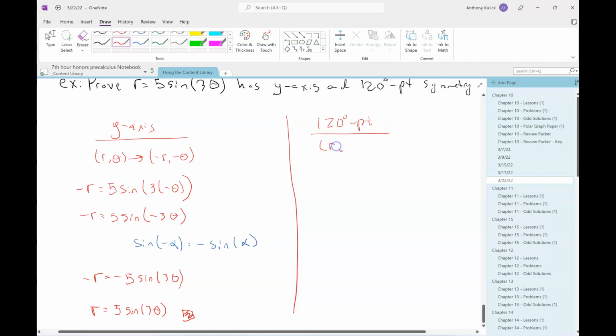Okay, so to do 120-degree point symmetry, we're going to take r and do nothing, but where I had a theta, I'm going to write theta plus 120 degrees.